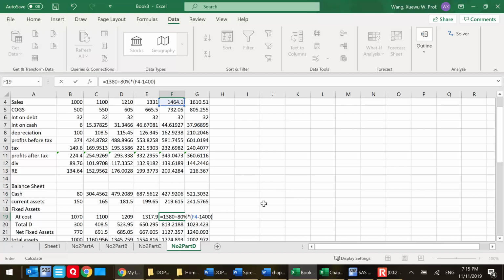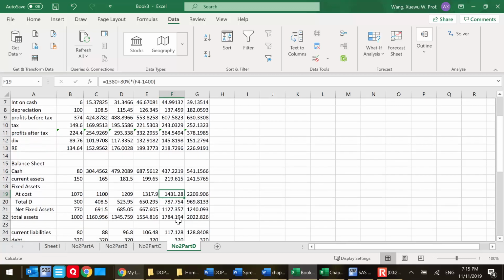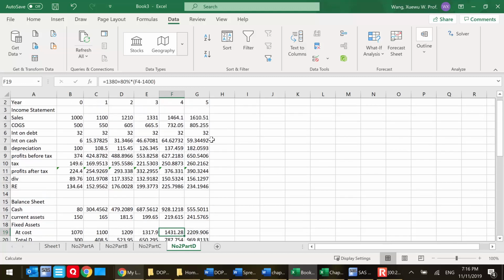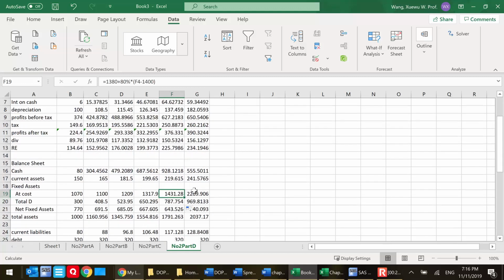So that formula is this, okay, and I should fix this part as well. All right, and I'm done with year 4. So year 5, I know the year 5 sales is above 1,400, so it's the same step function. So let me copy this across, and I'm going to copy this across as well.